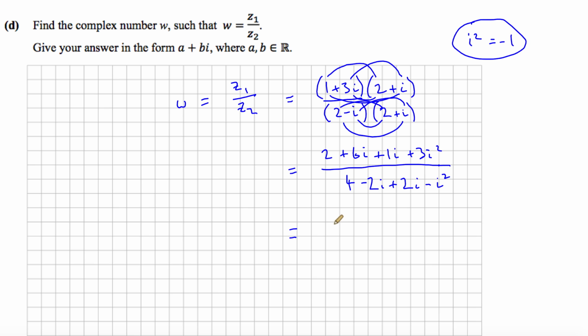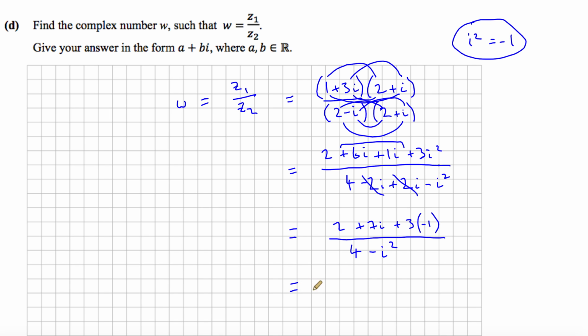We've got on top, we've got the 2. Now 6i and 1i on top, that becomes 7i. And then we've plus 3 times i squared. Now i squared is just negative 1, as we know from our definition from the beginning. Underneath here, we have our 4. Minus 2i and plus 2i combine to give 0. So you're left with 4 and then the negative i squared.